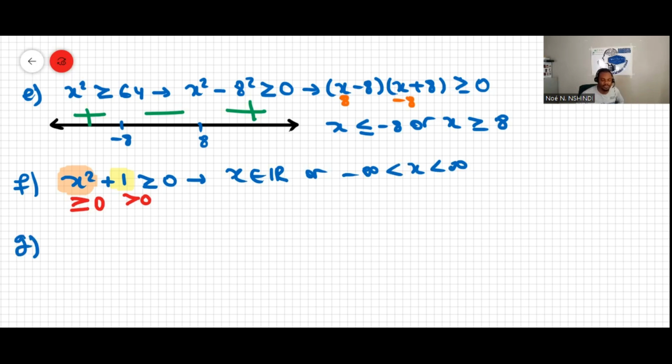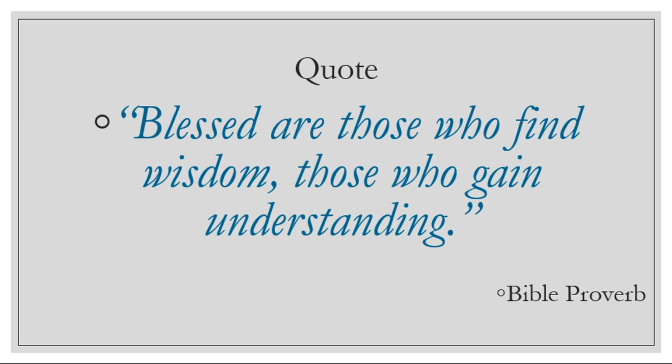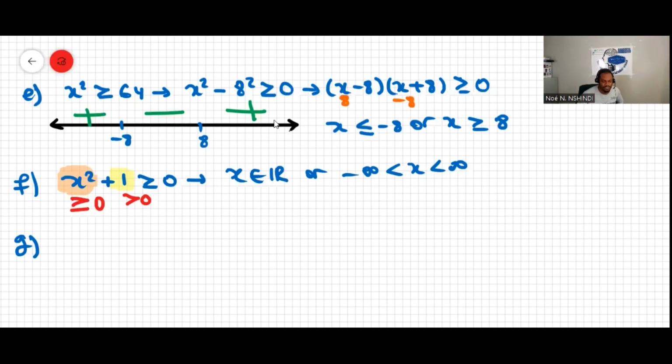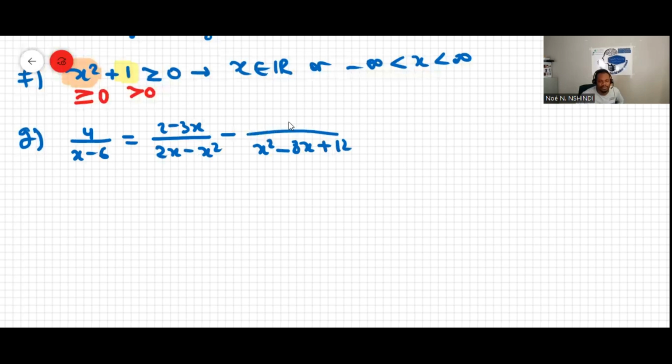And then we can do question G. I can write it this way. G is 4 over x minus 6 equal to 2x minus x squared all under 2, minus 3x minus x squared minus 8x plus 12, all under 12.